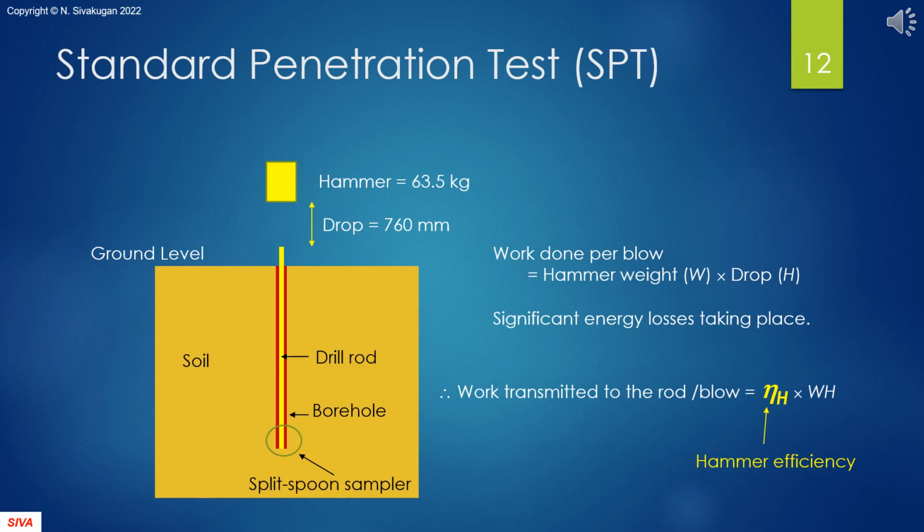Work done or the energy imparted to the sampler per blow is the weight of the hammer W times the drop H. Since there are energy losses in the process, we multiply by the hammer efficiency.